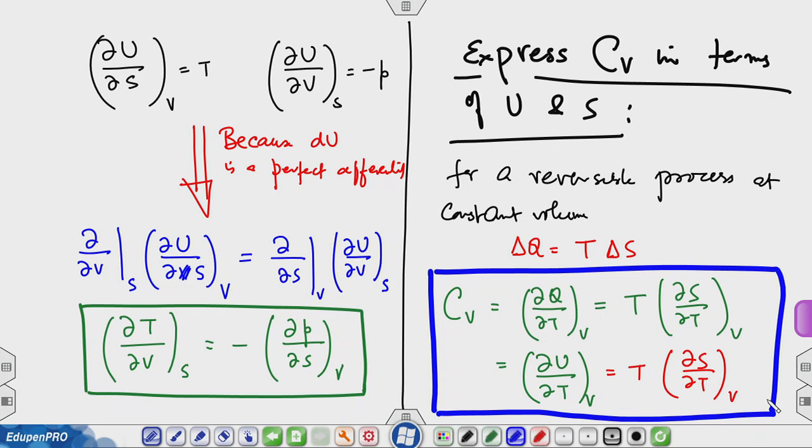So, this is playing around with internal energy. Now, let us take another quantity which I talked about earlier, which will be useful when the pressure is constant.